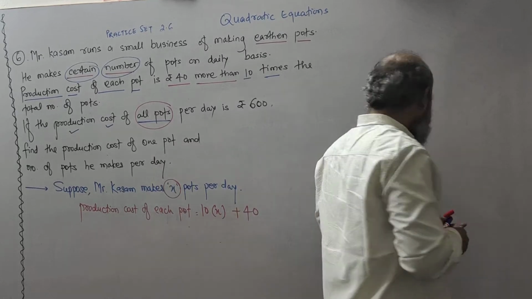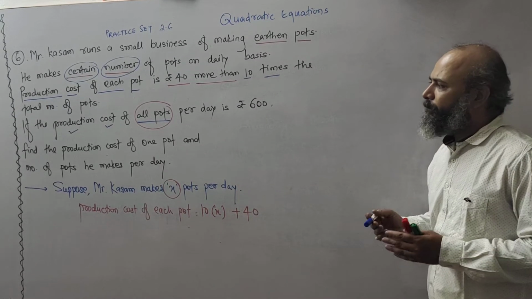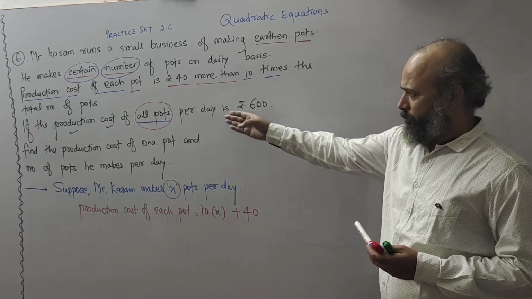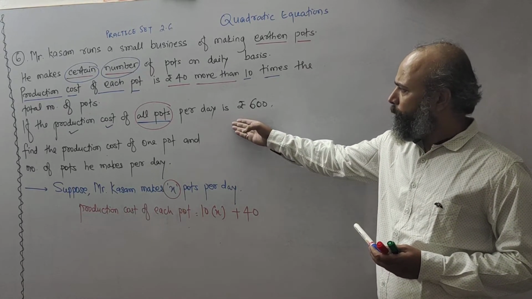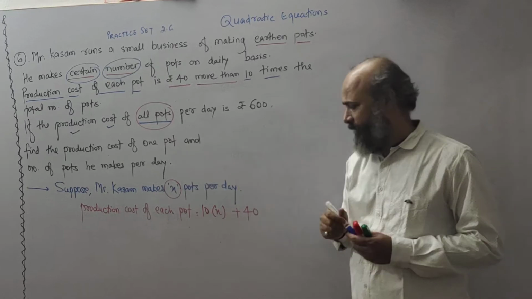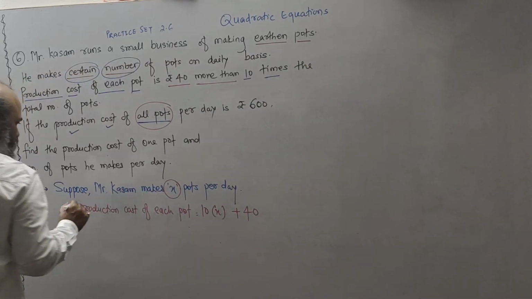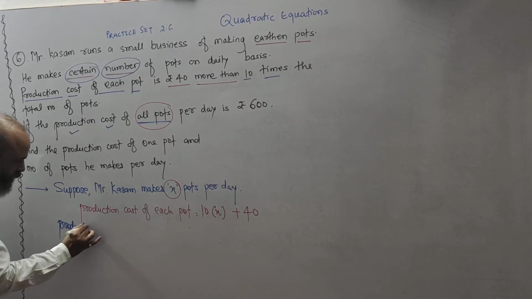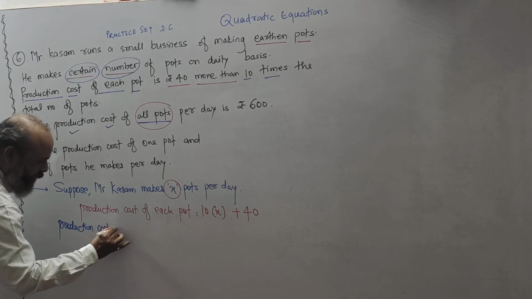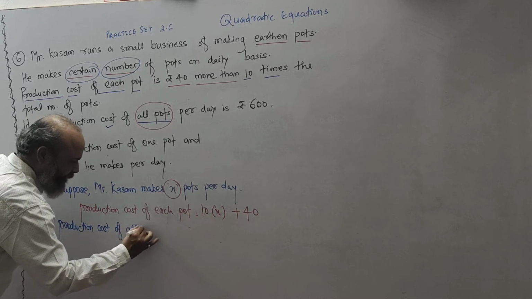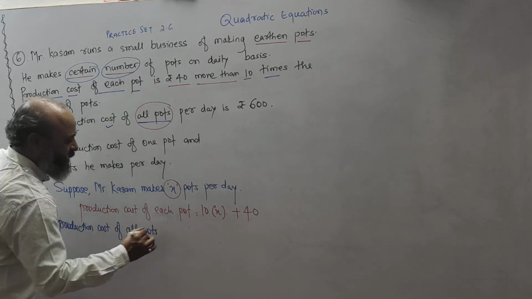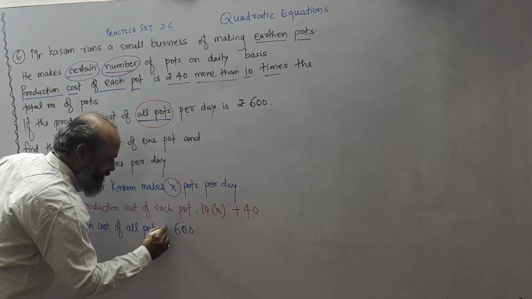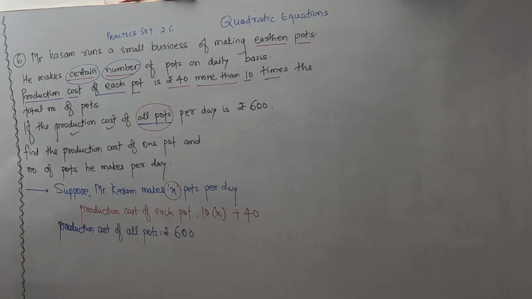Now in the question it is given that the production cost of all pots per day is rupees 600. This is given.